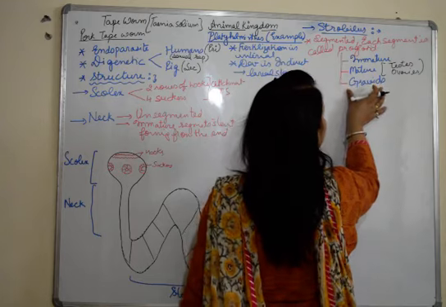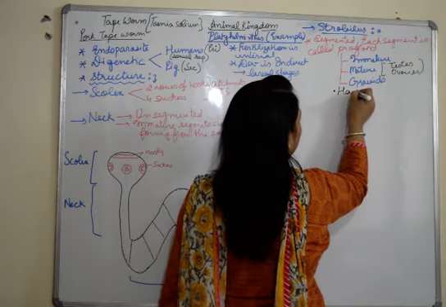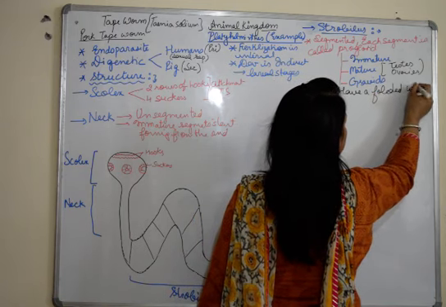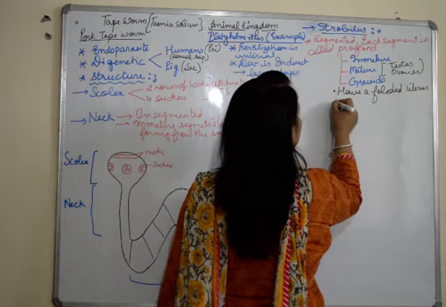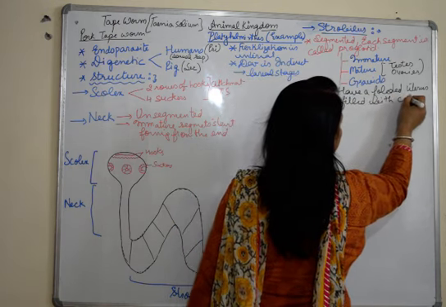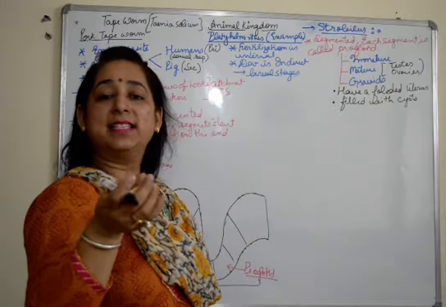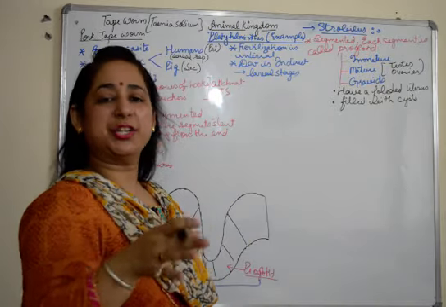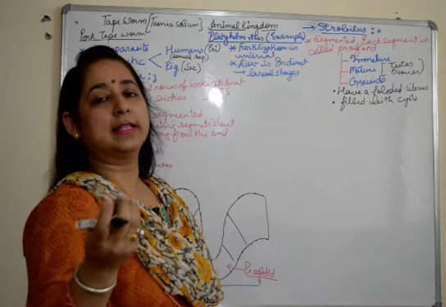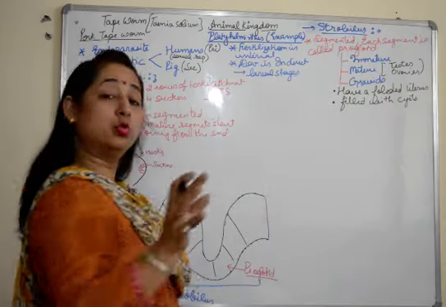Then the gravid proglottids are the ones which have a folded uterus which is filled with cysts. Cysts are basically the structures which help the organism to go through harsh conditions, and they start developing whenever they find a suitable substratum or suitable environment.